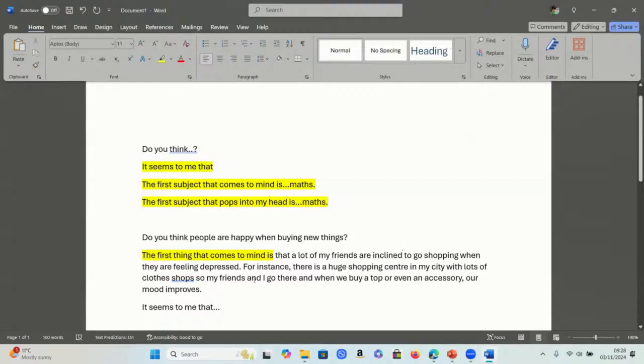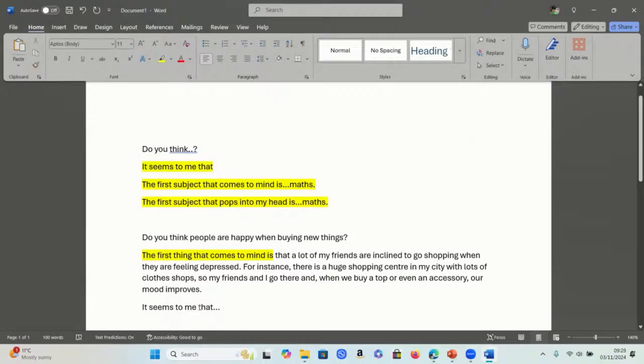And then I give an example. For instance, there's a huge shopping centre in my city with lots of clothes shops. So my friends and I go there, and when we buy a top or even an accessory, our mood improves. So the most important thing here is that you started with the little expression.